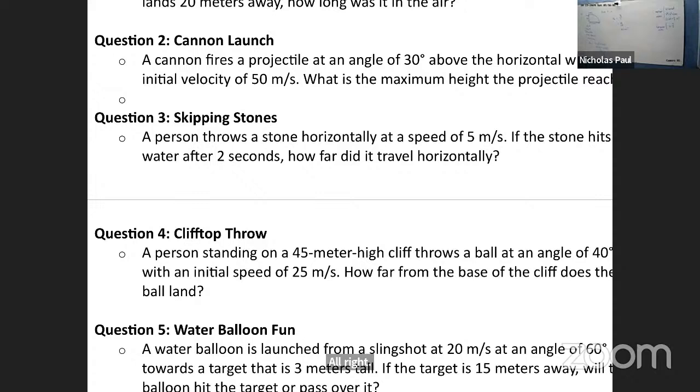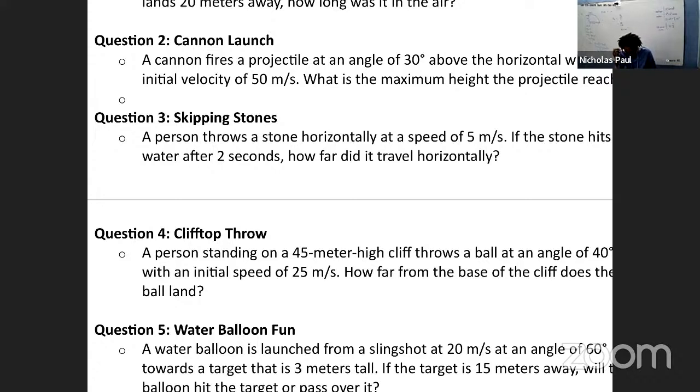Number two is just like what I did on the board. Number two, just like that. We're going to do it. So the diagram of the state.